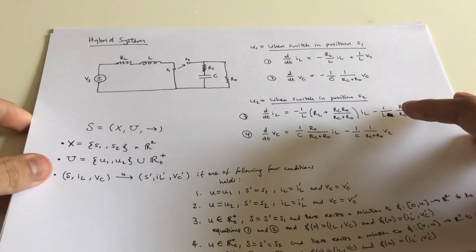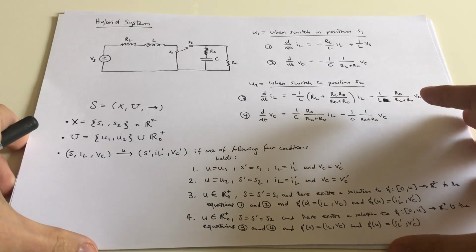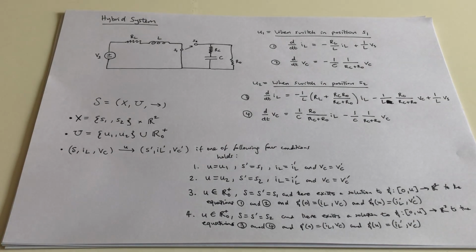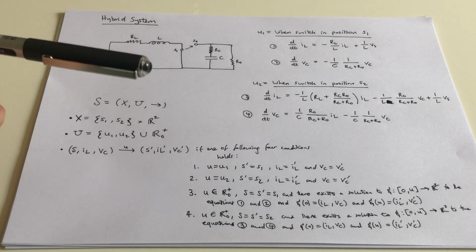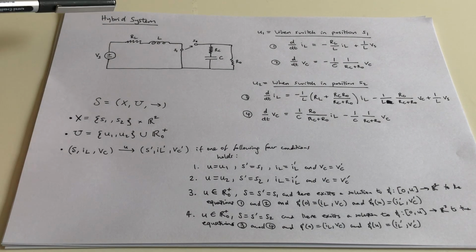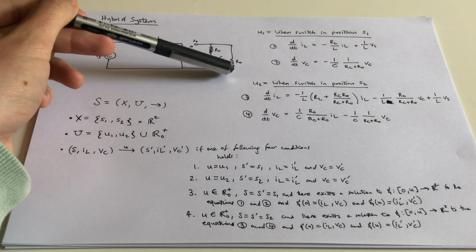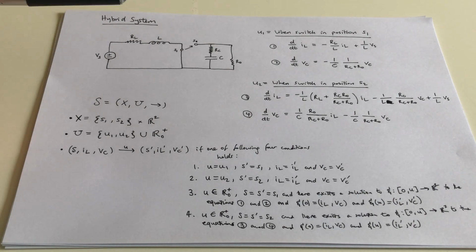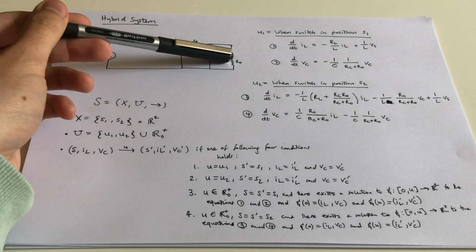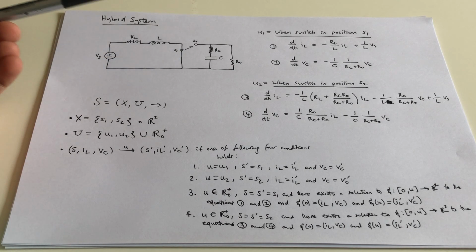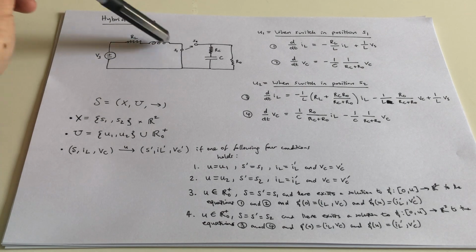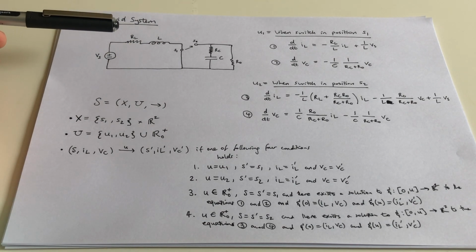The final system then that we're going to look at is a hybrid system. So hybrid systems, these combine both discrete and continuous dynamics. So let's take this circuit here. This is a DC-DC boost converter. And there's this switch here which we can move from position S1 to position S2, and this will change the circuit.